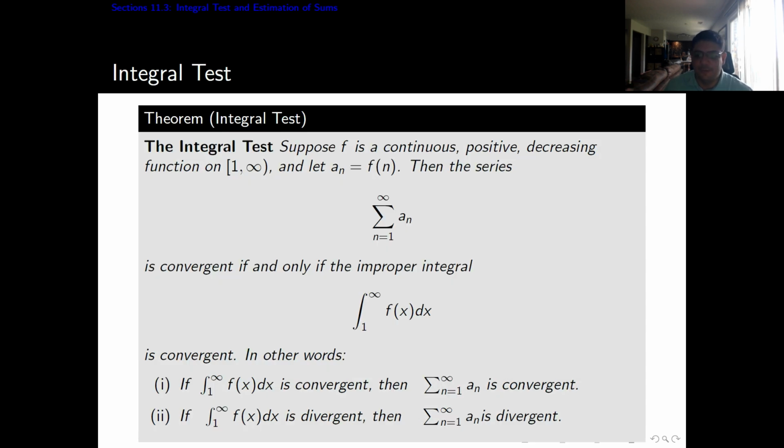To define the integral test, suppose that my sequence is given by a function that is continuous, positive, and decreasing on the interval from 1 to infinity, and of course we can see our sequence as a_n equals f of n.